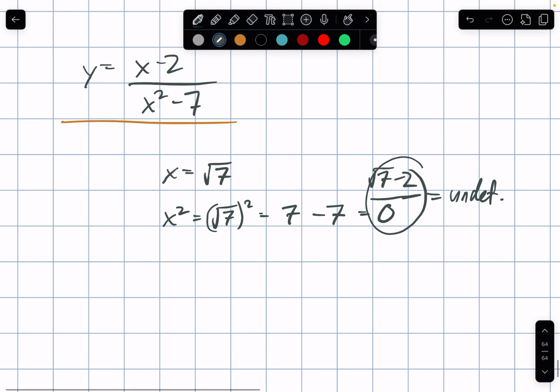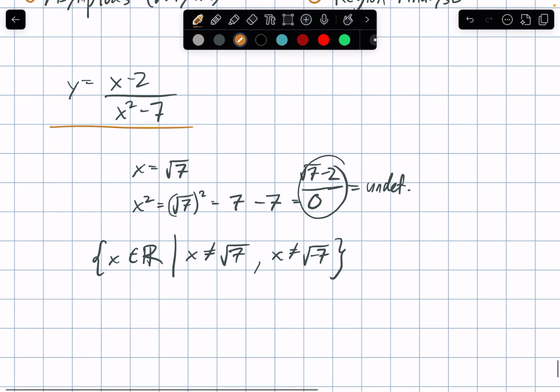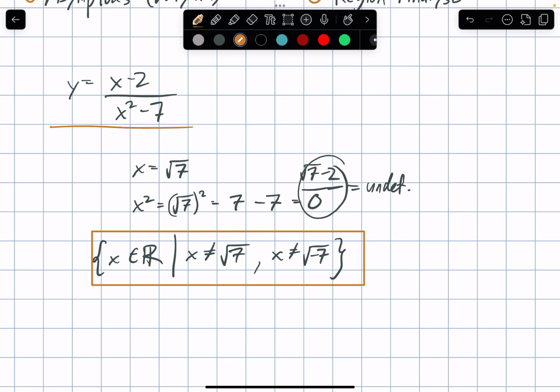Therefore, for our domain, x is an element of all real numbers such that x cannot be equal to the square root of 7. Also, ideally it's the same thing: square root of negative 7 cannot also be part. So this is one way to write the domain.